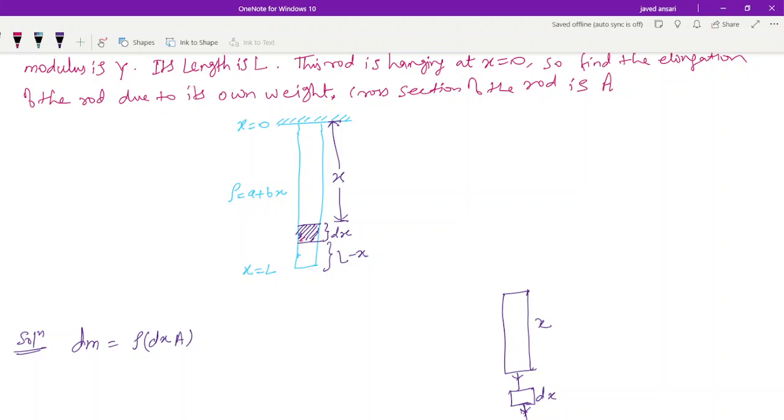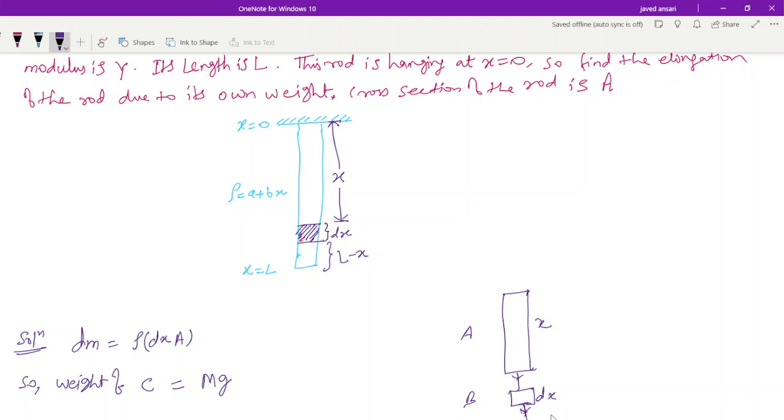So what is going to be the weight of this? This is the weight which is stretching this smaller portion. So let's consider this as A, B, C. The weight of C will be mass times gravitational acceleration.